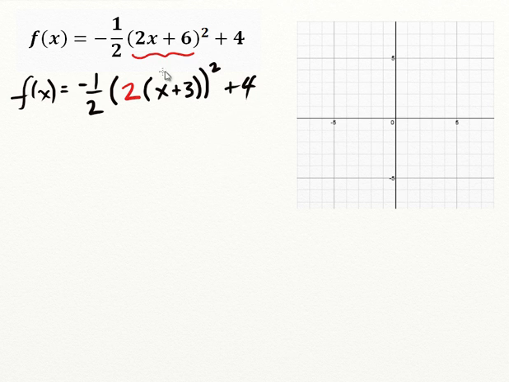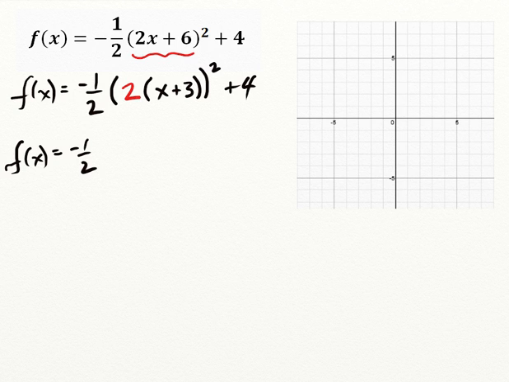If I rewrite this, we might be able to take it one more step and make things even a little simpler. So here's f(x) equals negative 1/2, multiplied by, and I notice that I've got 2 times x plus 3, and both of them are squared.